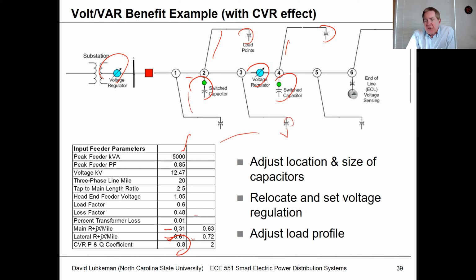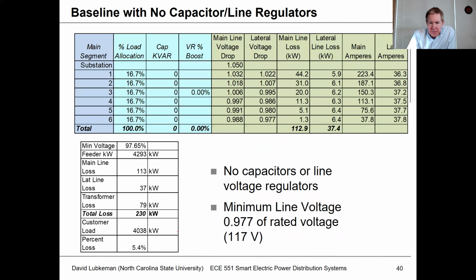And what you could do is you can kind of play around with different voltage controls and then see where you get the benefits. And so when I start this out, I've got a base case here where I don't do anything with capacitors or line regulators. And what I see is I get a loss percentage of 5.4%. And I can break this down in terms of where the losses actually are.